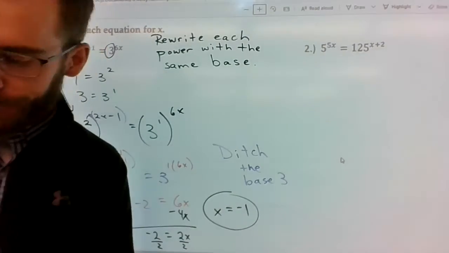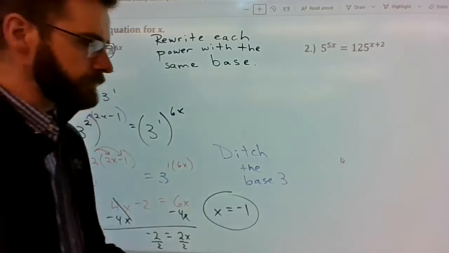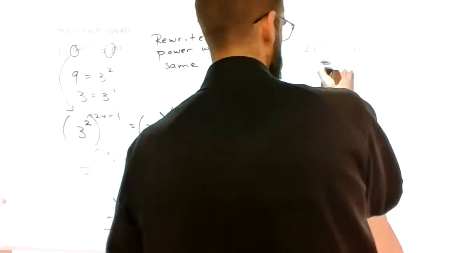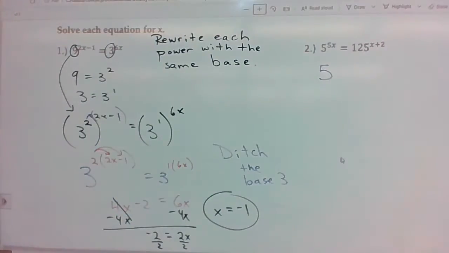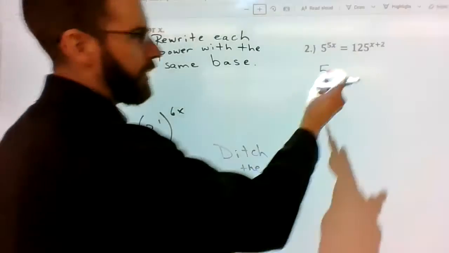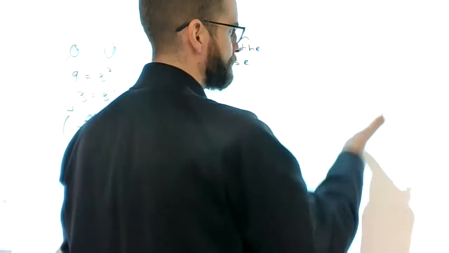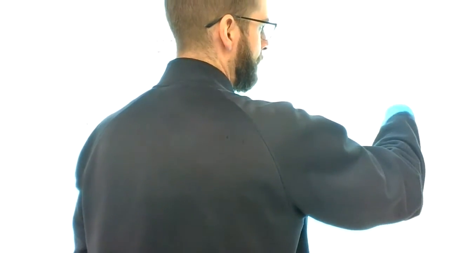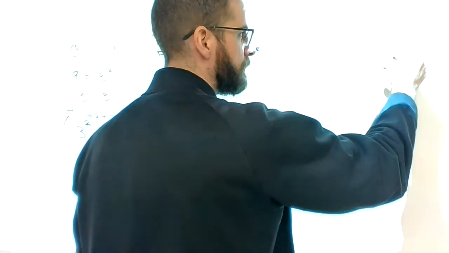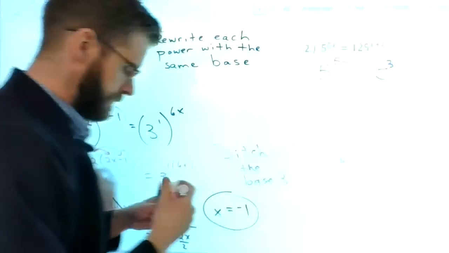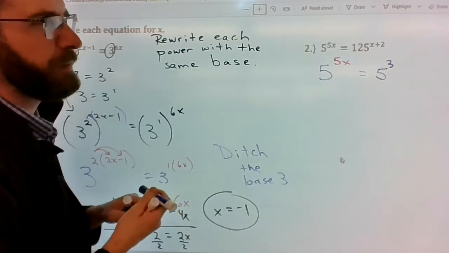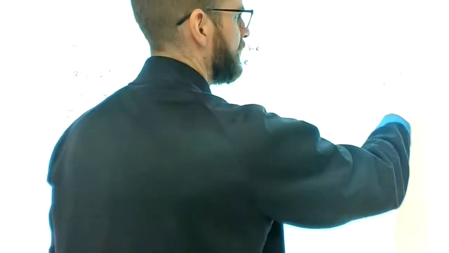Let's check out number 2. Seems like 5 is the same base that we're looking for. I don't need to put 5 to the 1 power. I'll just make it 5 to the 5x here. On the other side, I've got 5 cubed is 125. Wait a second. Should I be putting that in red? Yeah.